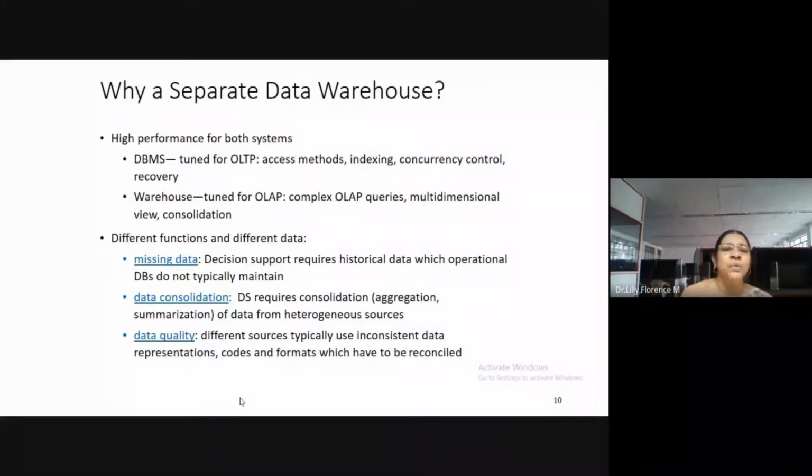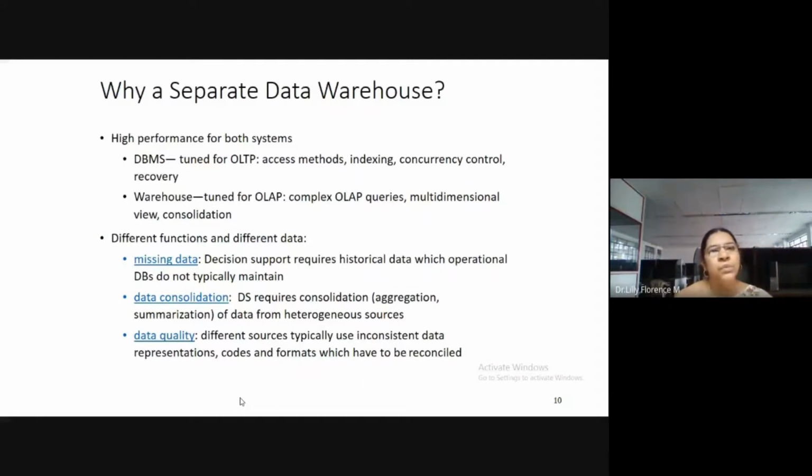So this is the major difference between the operational database system and the data warehouse. Next, why do we need a separate data warehouse? We have a very good DBMS, which provides a lot of mechanisms and tools to access and process data, so why do we need a data warehouse? See, a data warehouse also follows the structure and operations of a DBMS.